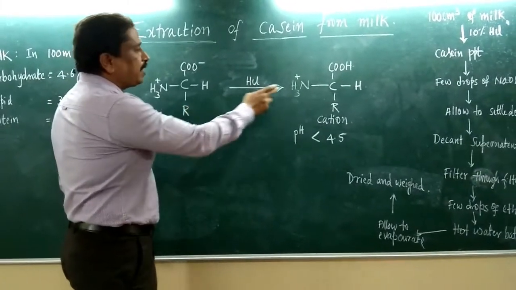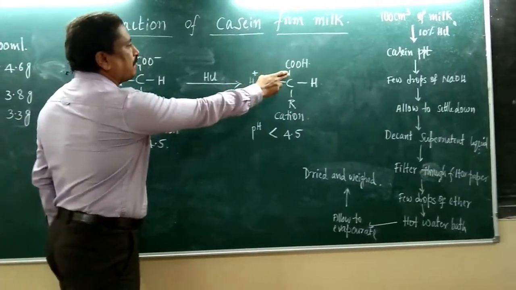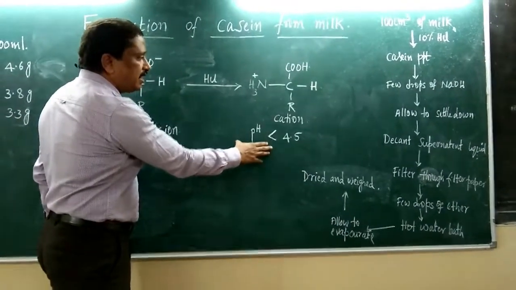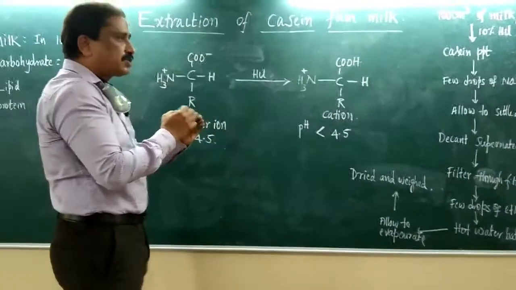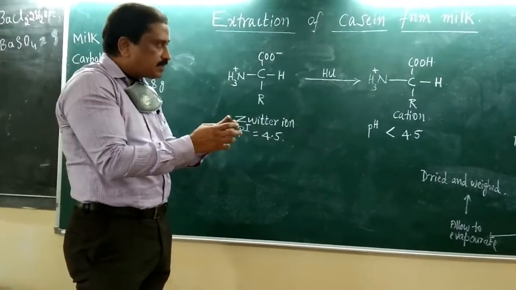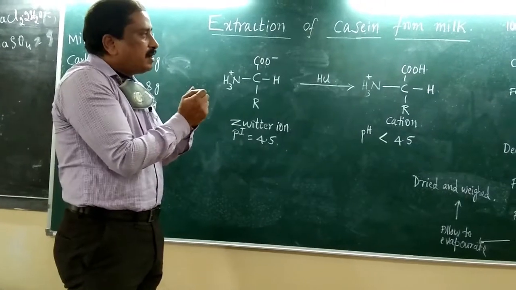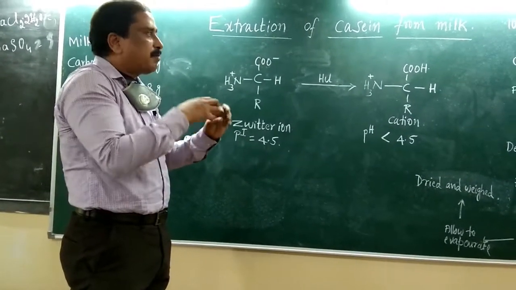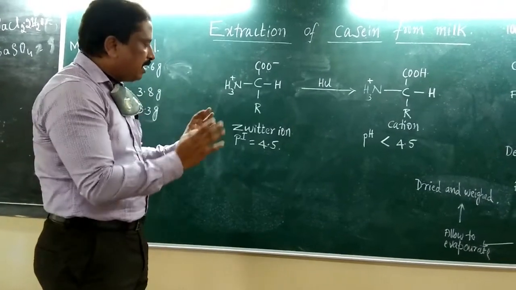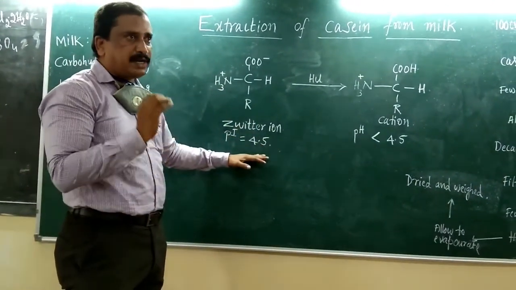That proton will be taken by the COO group to form a COOH group. Then the amino acids become cations. The hydrogen bonds which interact with the water get neutralized, and the protein which is neutralized precipitates, and we can extract that protein. Very simple.